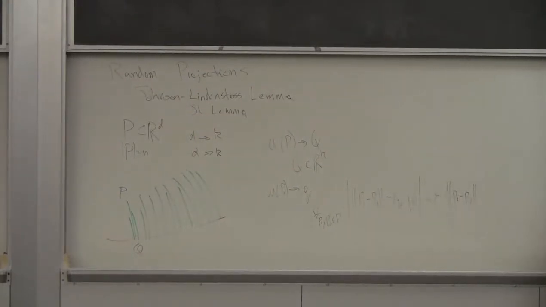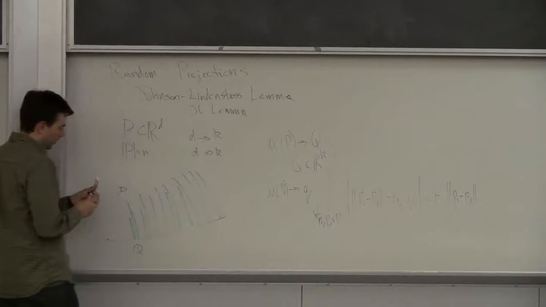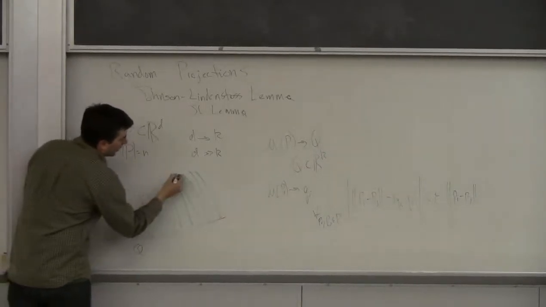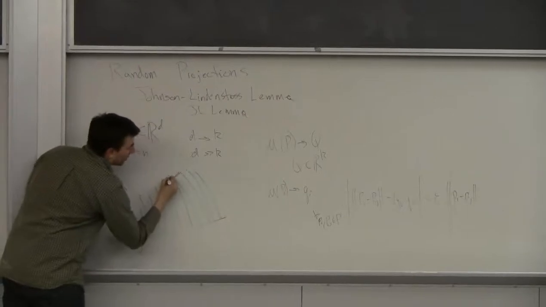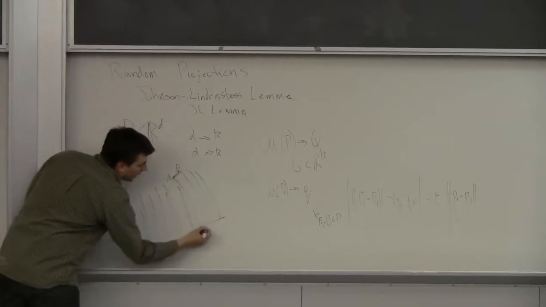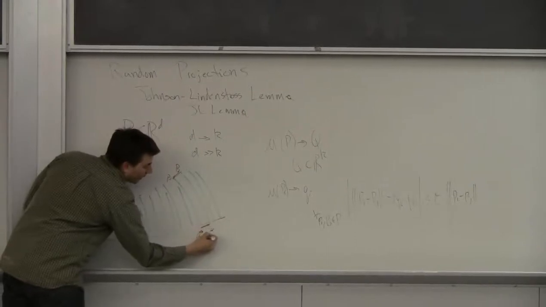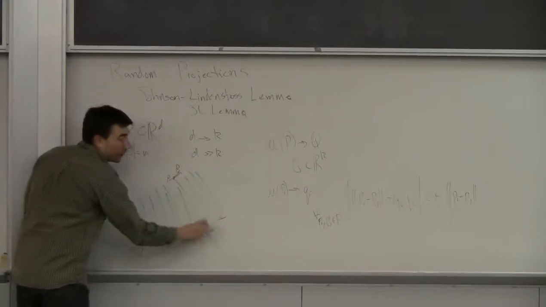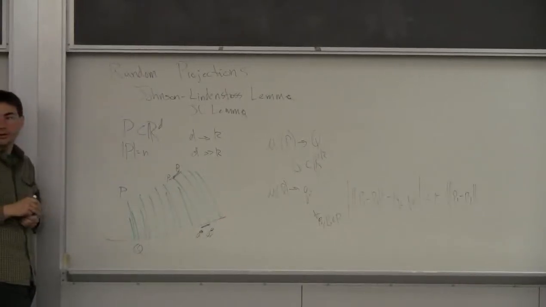So this holds for all points. If I had a distance here between these two points, Pi and Pj, then I look at the same distance down here, Qi and Qj. These are very close. They have a small relative error. And this holds for every single point.